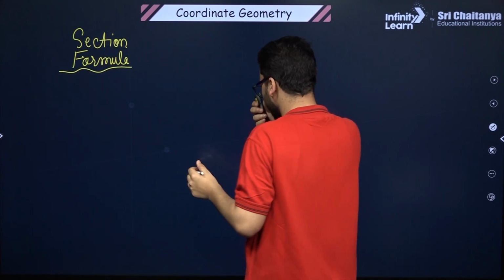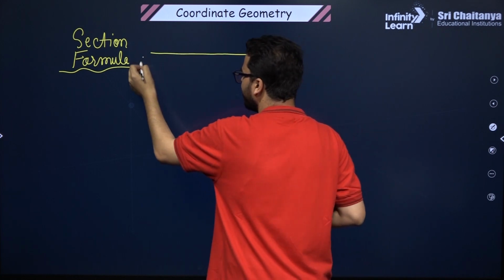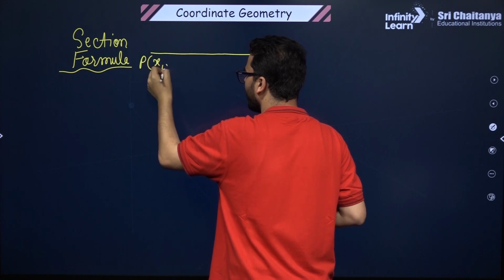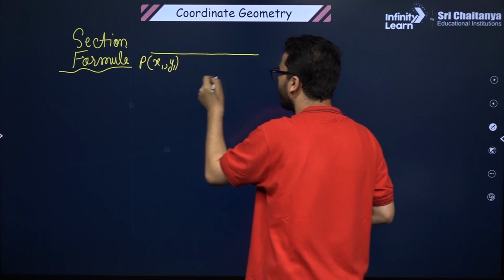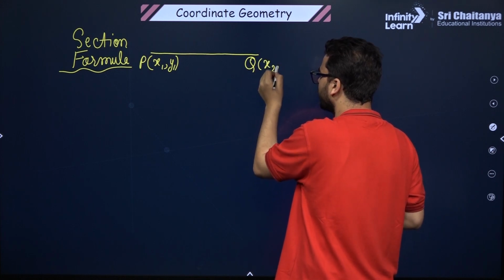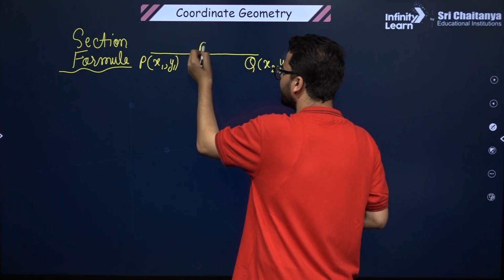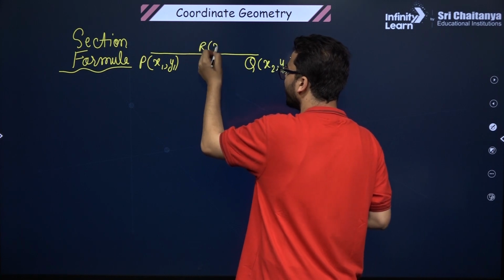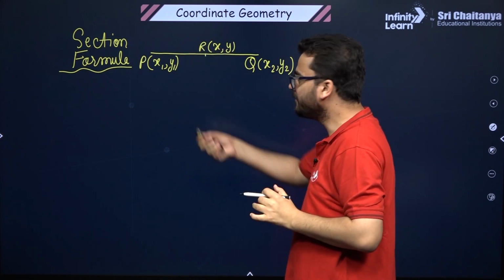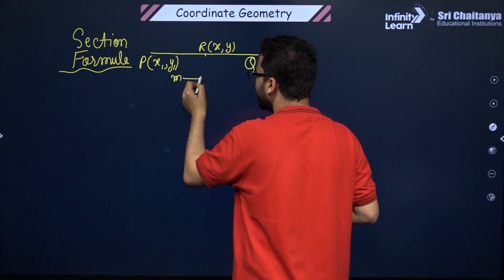Suppose you have got a line segment P, the coordinates of point P is x1 comma y1 and the coordinates of the other end Q is x2 comma y2, and suppose R is a point lying on PQ, its coordinates are x comma y, and R is dividing PQ internally in the ratio m is to n.